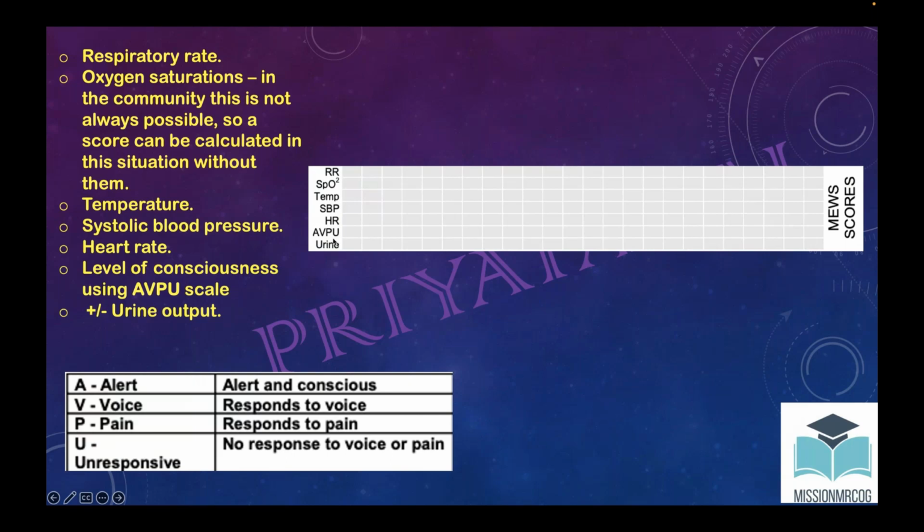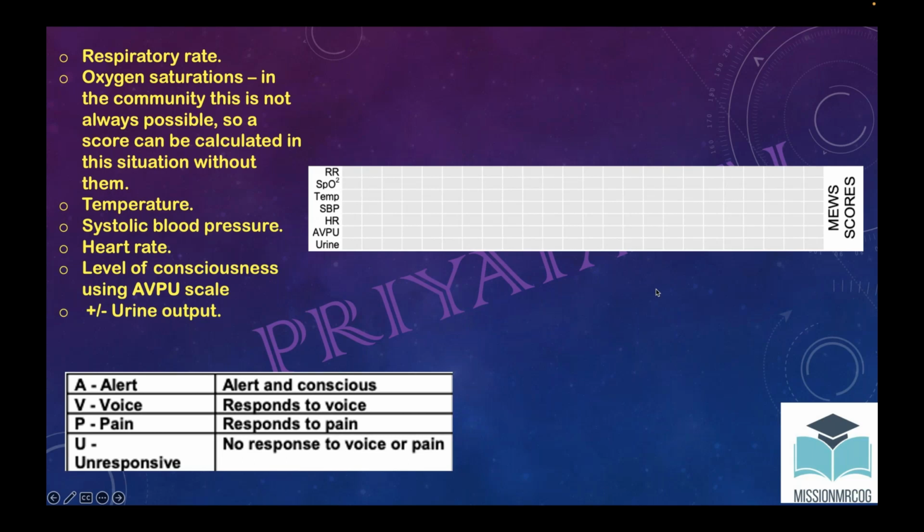And this is the AVPU scale. A is alert, V is voice, that means the patient is responding to voice. P is pain, the patient responds to pain. And U is unresponsive to any voice or pain. Plus or minus urine output. Okay, so these are the MEOWS parameters.